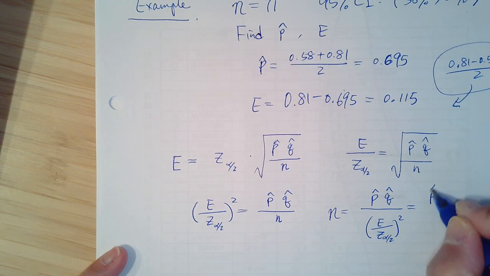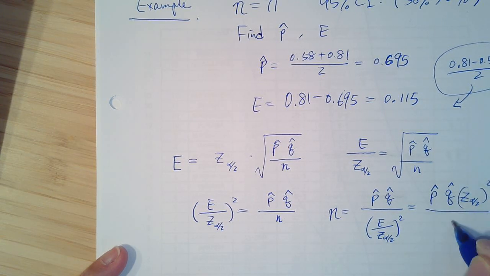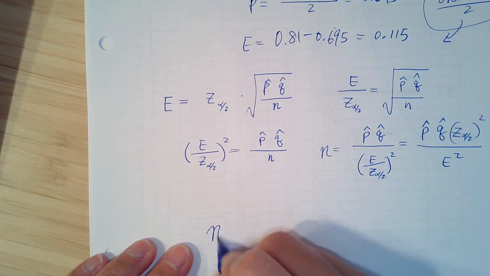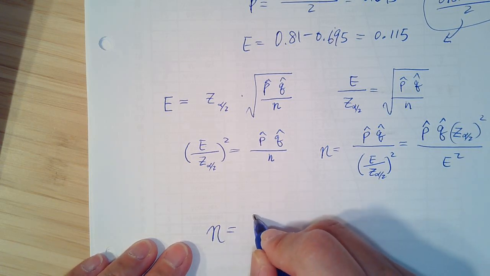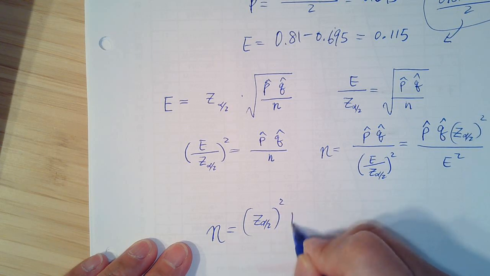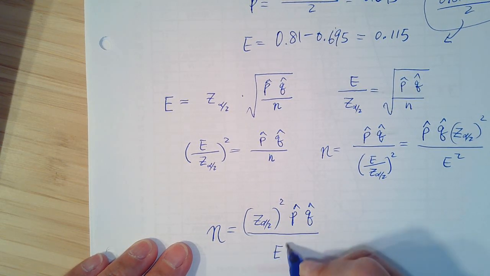So the answer is going to be p hat q hat z alpha over 2 squared, and the bottom is going to be E squared. If you write it in a better way, it's z alpha over 2, that's a critical value, squared, times p hat q hat over E squared.